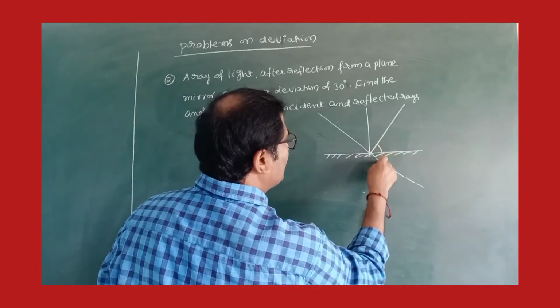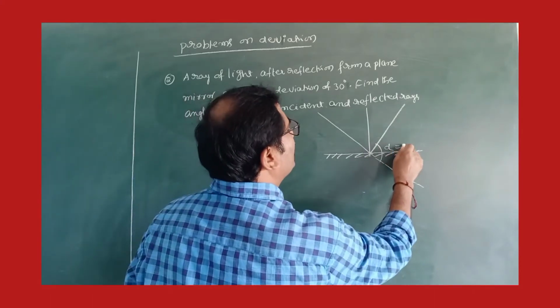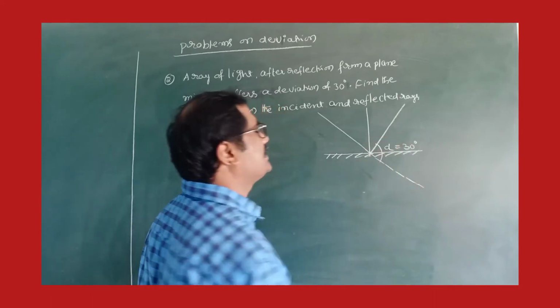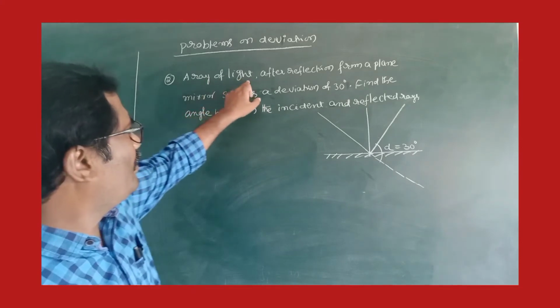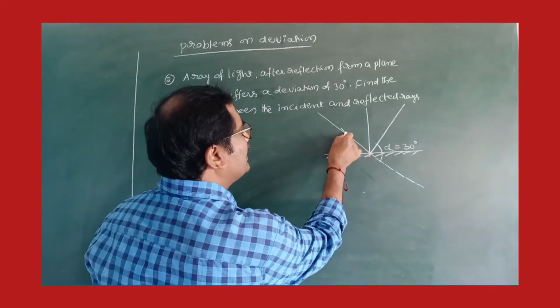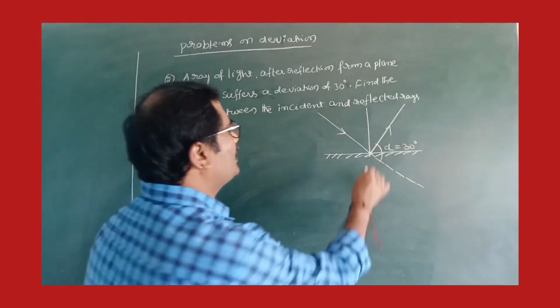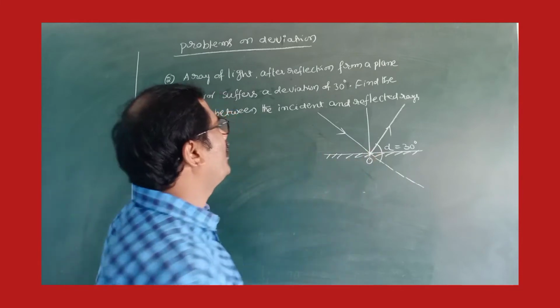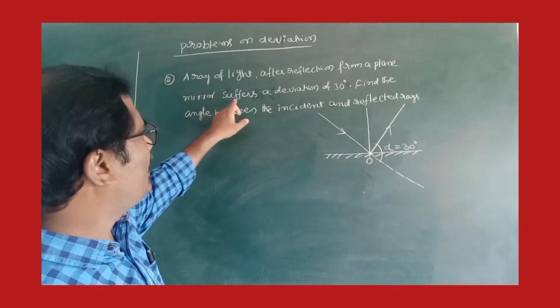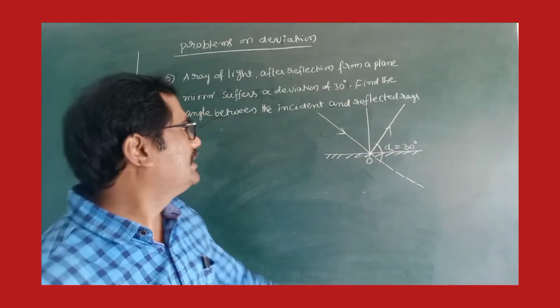The deviation angle D is equal to 30 degrees. The ray of light after reflection, this is the incident ray, and this is the reflected ray, with the point of incidence here. From a plane mirror it suffers a deviation of 30 degrees.